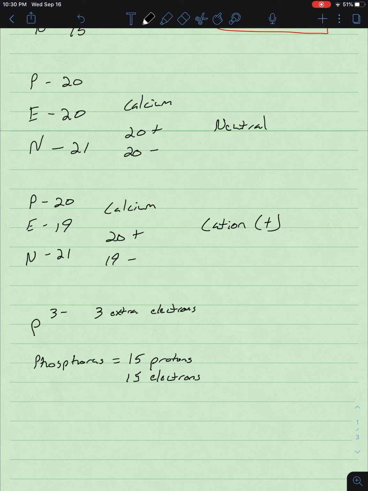But we have a 3- charge here. So if I have 3 extra electrons, I'm going to add 3 to that 15. So this phosphorus has 18 electrons. My abbreviation for electrons is just an E with a minus sign. If I asked you how many electrons this phosphorus atom would have, you would tell me 18 electrons.